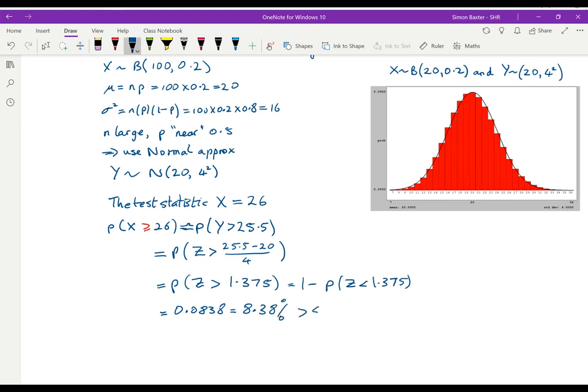That is greater than our significance level, and therefore not significant. When we're looking in the tables, we must use z equals 1.38. We don't have 1.375 in the tables.